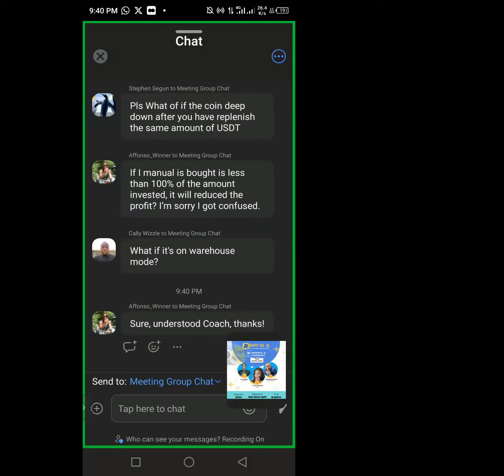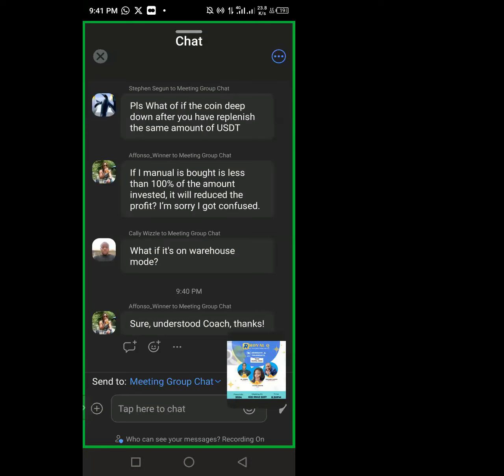If the coin is on warehouse mode, you will not have sub profit. That is for margin calls. Warehouse mode and sub-beam mode real-time settlement is just for margin calls. It's not related to manual replenishment. Whether your coin is on warehouse mode or sub-beam is related to margin calls, not to the buy.